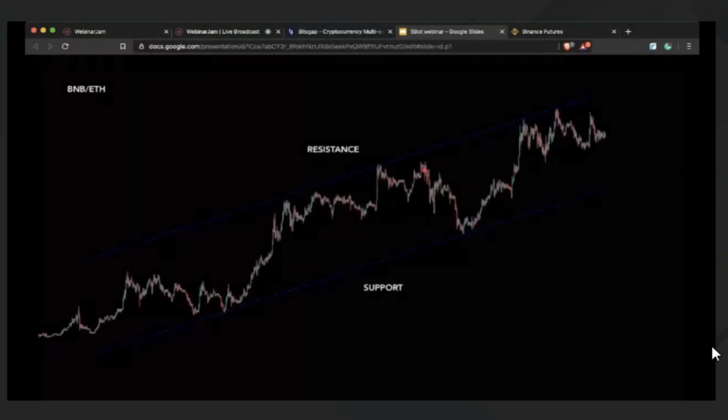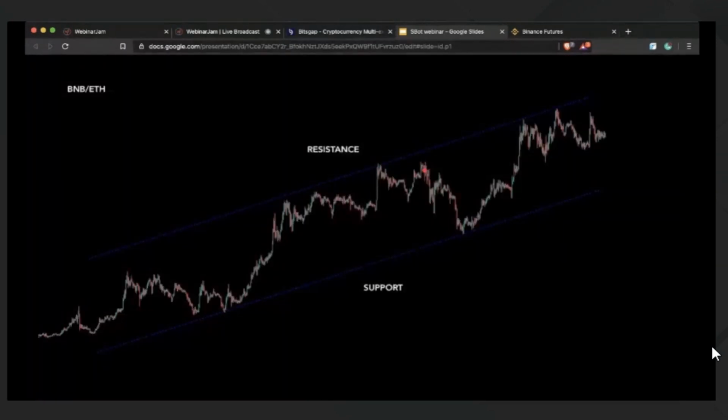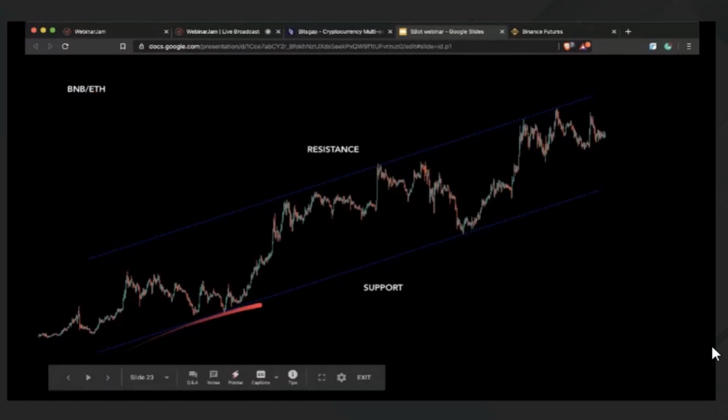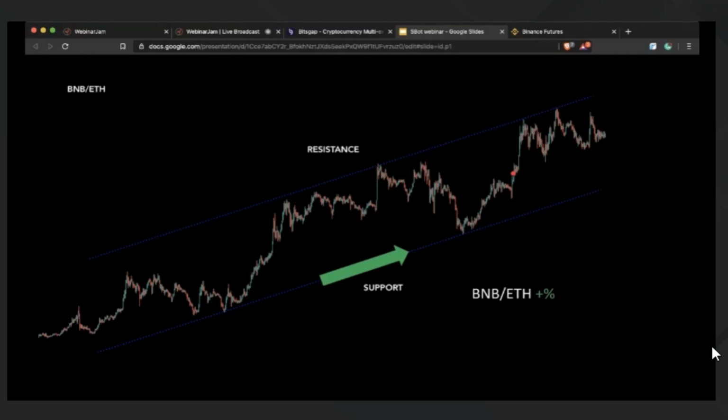On the example, let's say we are on the uptrend, in this case BNB trading to Ethereum. You see the support line, the resistance line, so the price is moving upwards. Just imagine that we are not using the auto trading bot in this case.